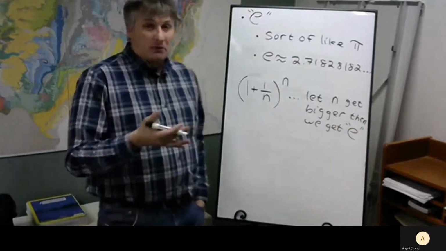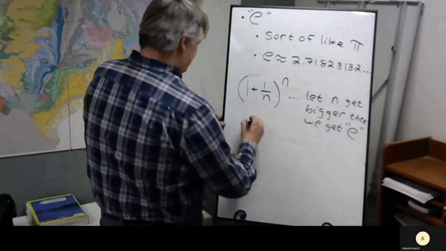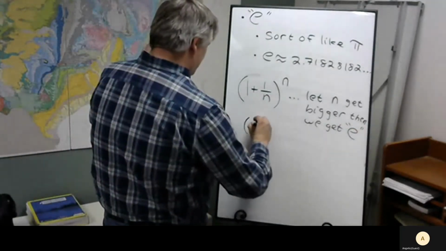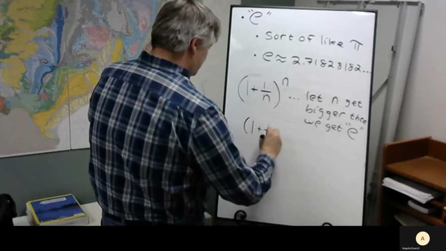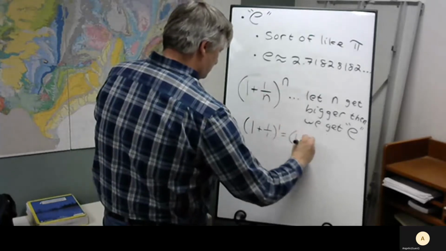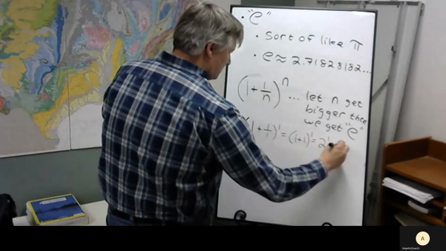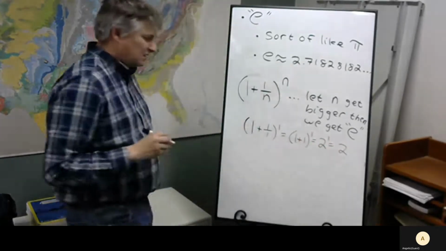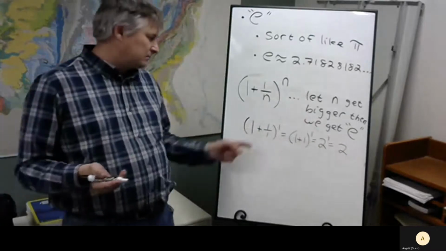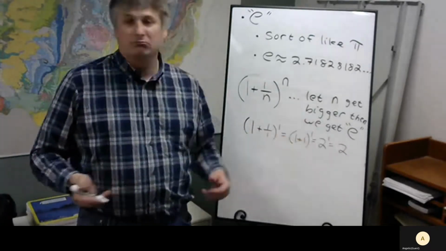I'll do maybe 4 of these just to show you what's going on. Let's say we let n be 1. So if n is 1, we get 1 plus 1 over 1, to the 1, or 2 to the 1. It's 2.